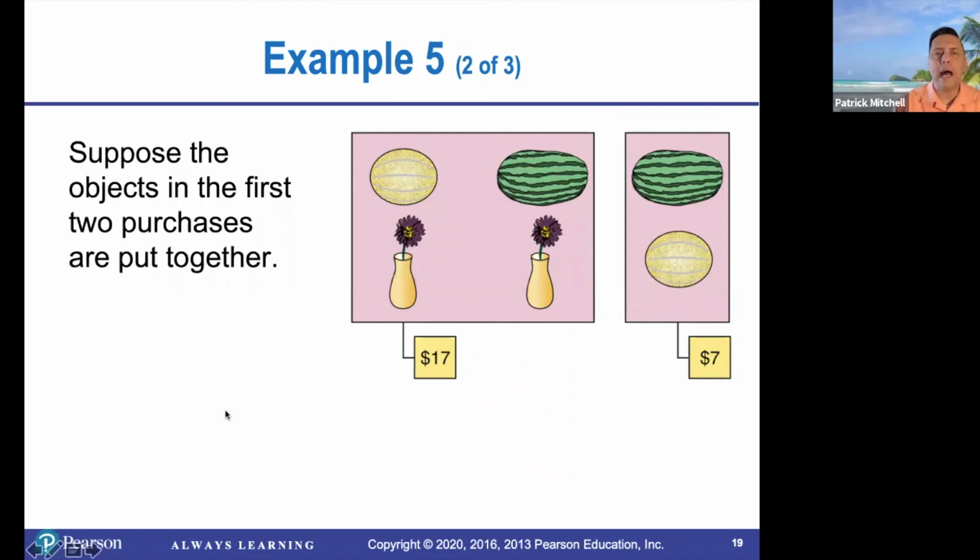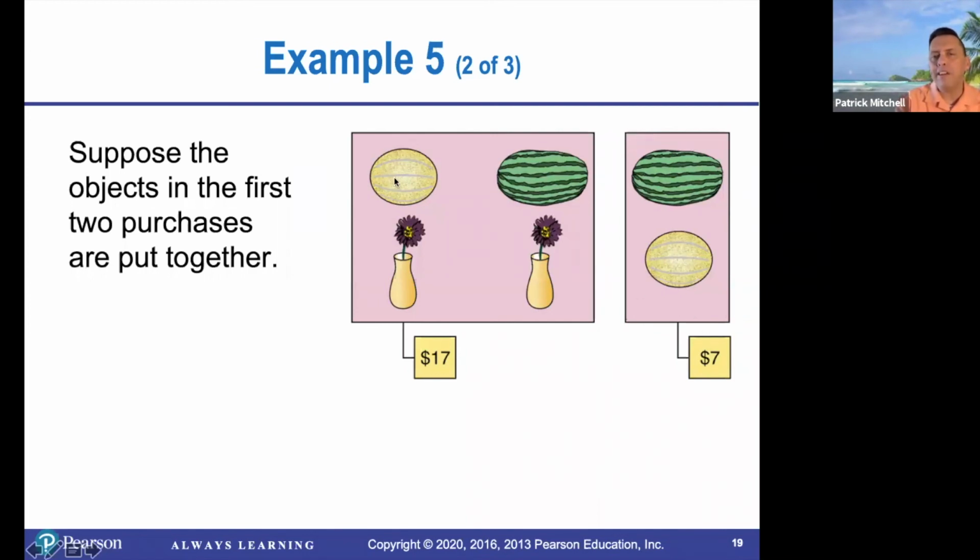So suppose the objects in the first 2 purchases are put together. That would come out to a total of $17 for a cantaloupe, a watermelon, and 2 flowers. We know that a watermelon and a cantaloupe cost $7.